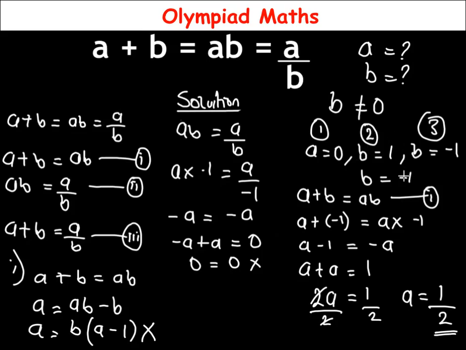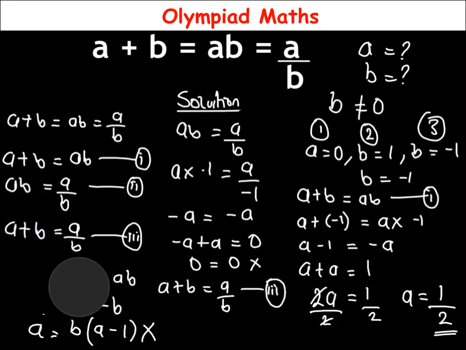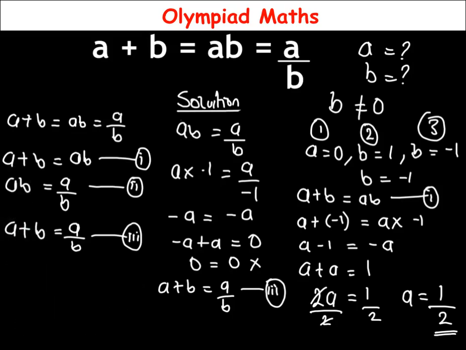Okay, let's then also input b as minus 1 into equation 3. So a plus b is equal to a over b, equation 3, right? So a plus minus 1 is equal to a over minus 1. Now a plus times minus is minus 1 is equal to a over minus 1, which is minus a.